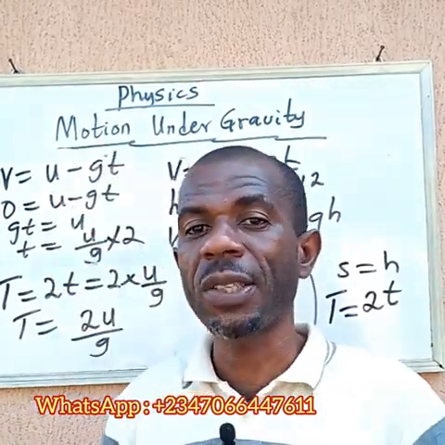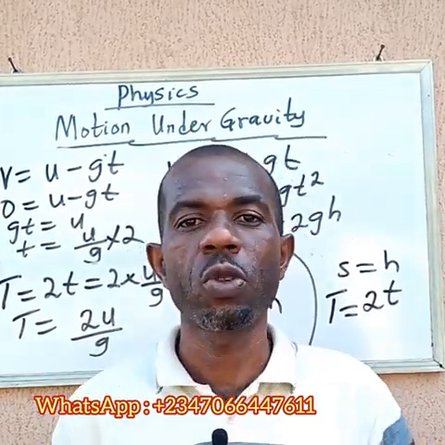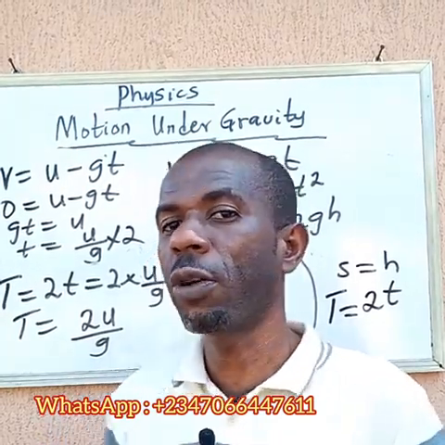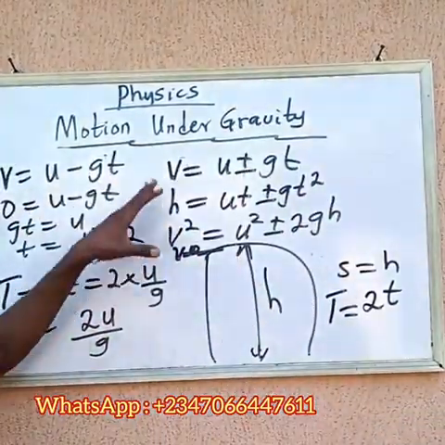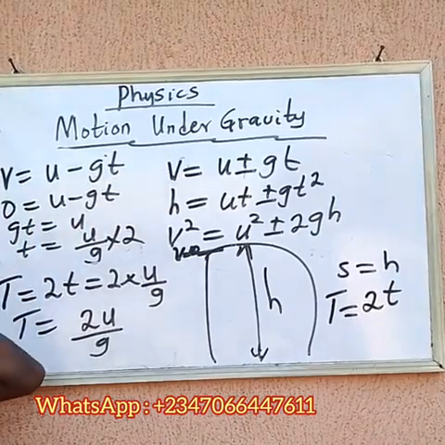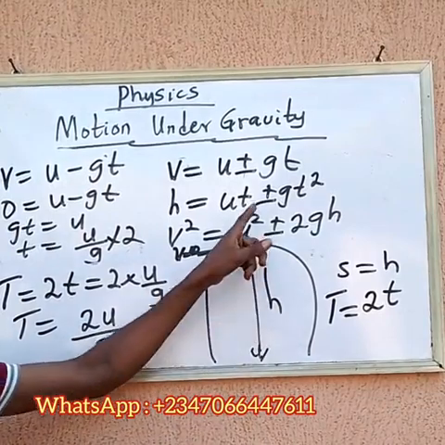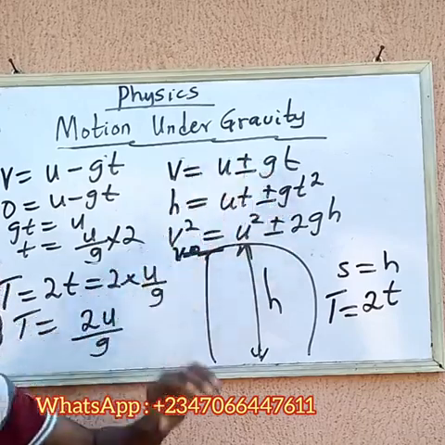In our next class, we are going to solve examples on this topic, so that we can familiarize ourselves with questions under this particular topic. Nothing differs from here. With the equations of linear motion, the only difference is the replacement of acceleration with either plus or minus g.